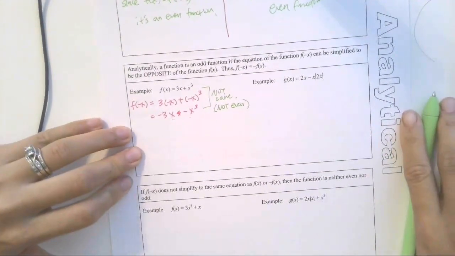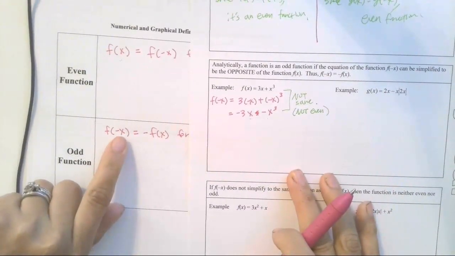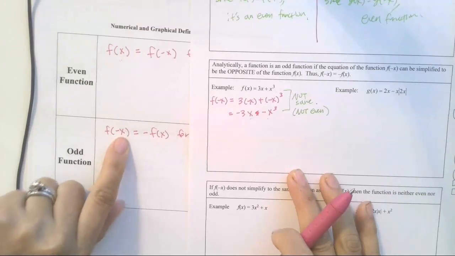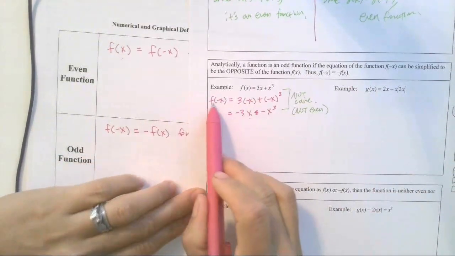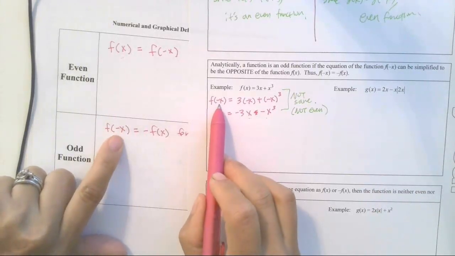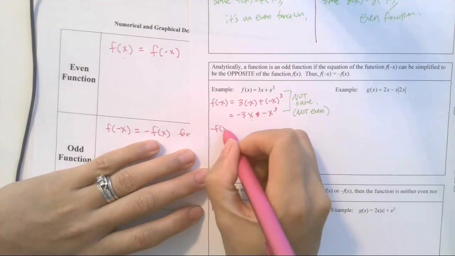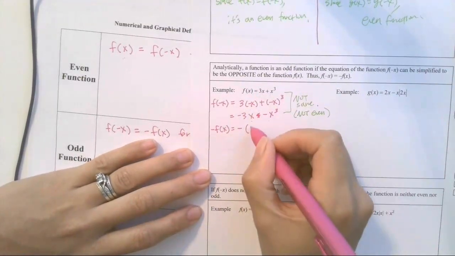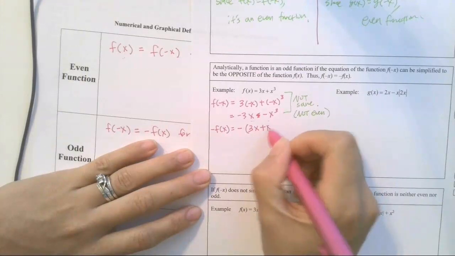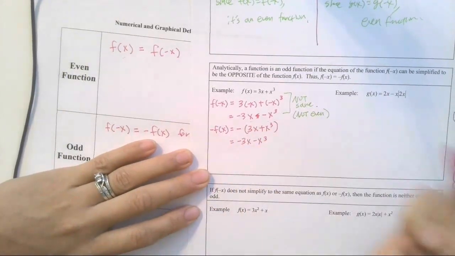Well, let's see whether it's going to be an odd function or not. How do we check the odd function? That f of negative x should be equal to negative f of x. So I already have f of negative x. So I need to find what negative f of x will be. So negative f of x equals negative of the whole thing, 3x plus x cubed, notice I put the parentheses around, equal to negative 3x minus x cubed.